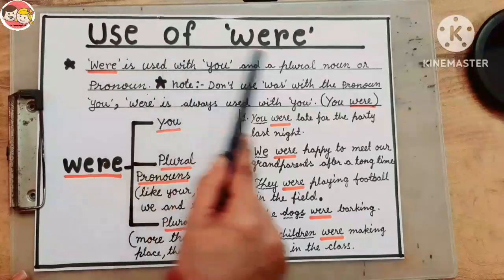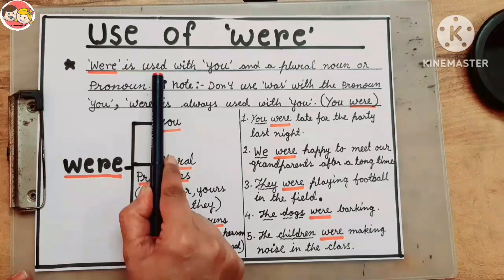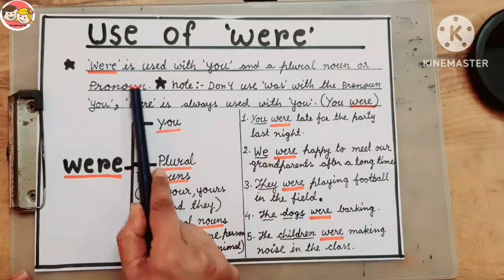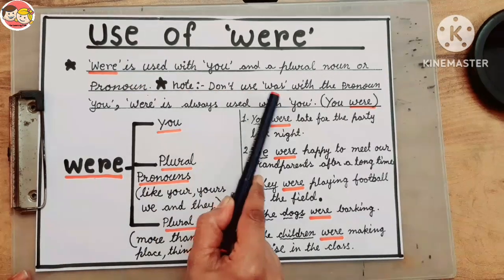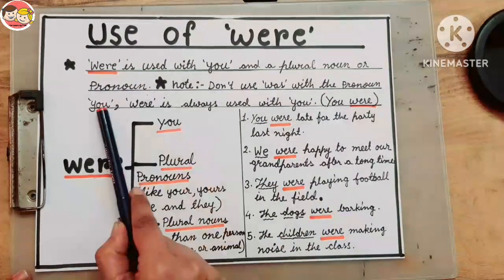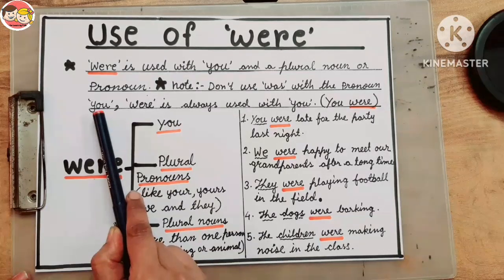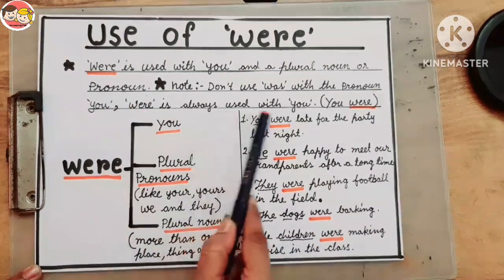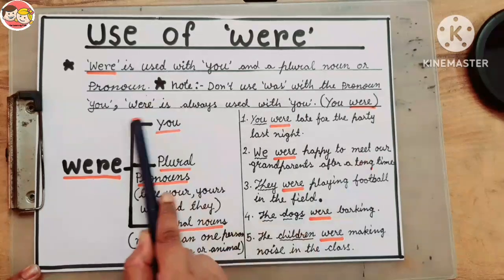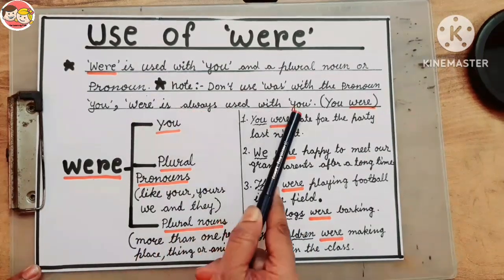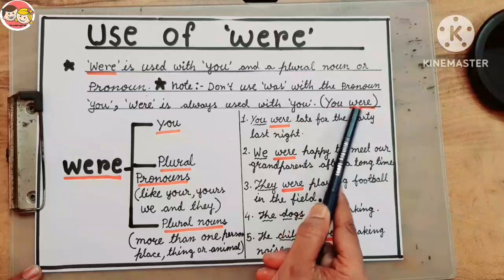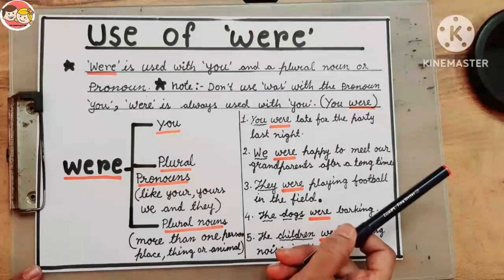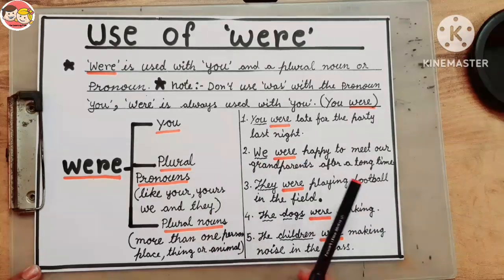Now use of were. Were is used with you and plural noun or pronoun. Note, do not use was with the pronoun you, even though it is a singular number. So were is always used with you. I repeat, were is always used with you. You were. So were is used with second person both, singular and plural.